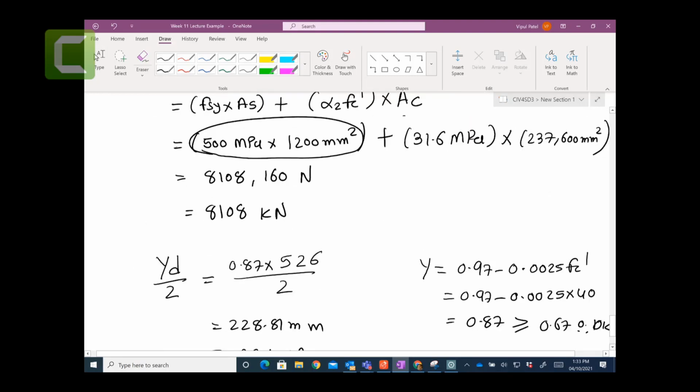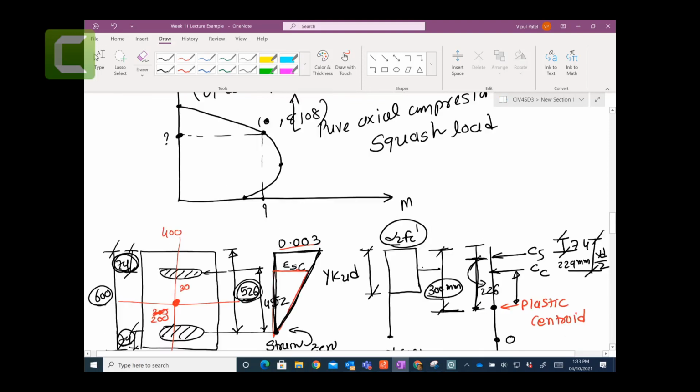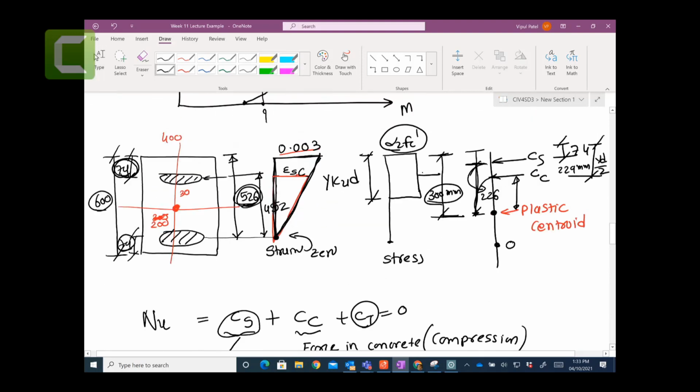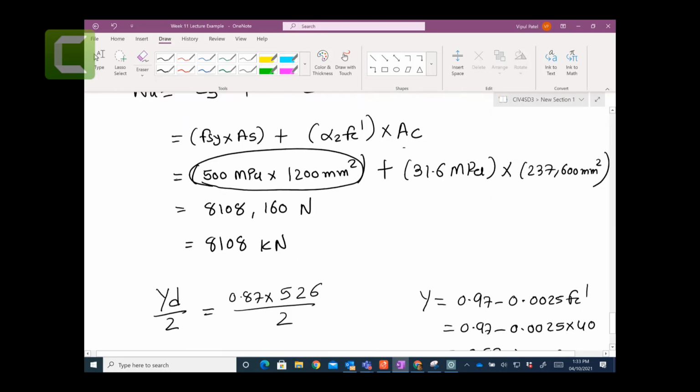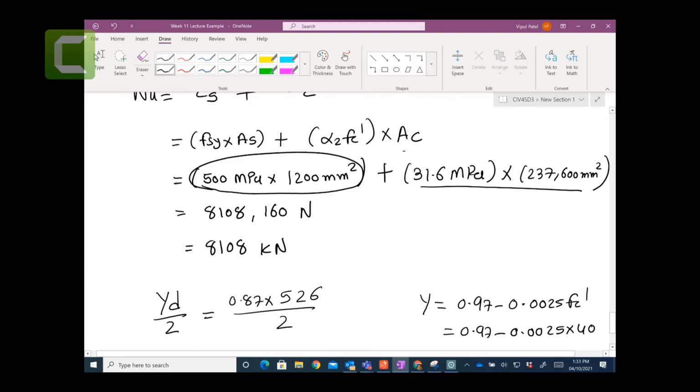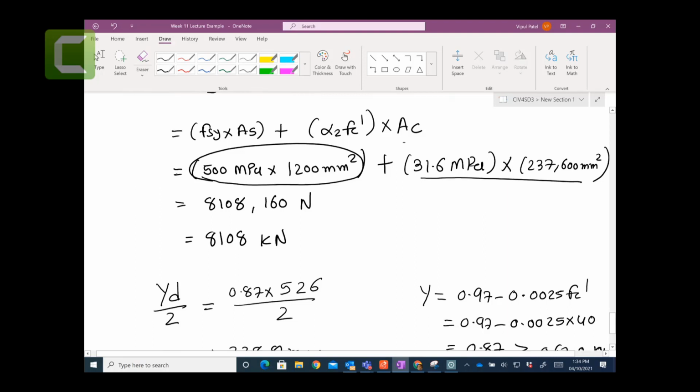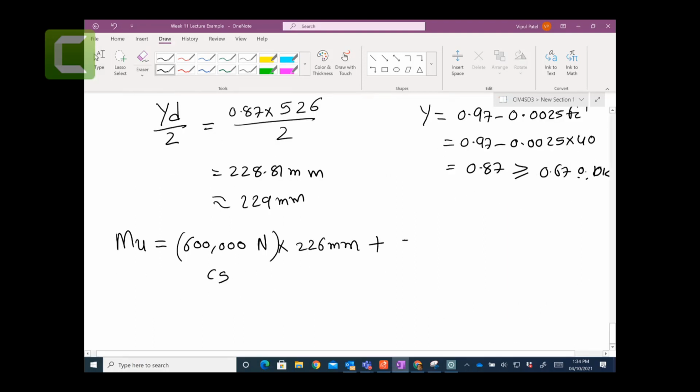Plus, because they are going in the same direction, that is CS, CC, and I think we calculated the CC. We have CC here. So let me calculate 31.6 times 237,600. You get 7,508,160 newtons.